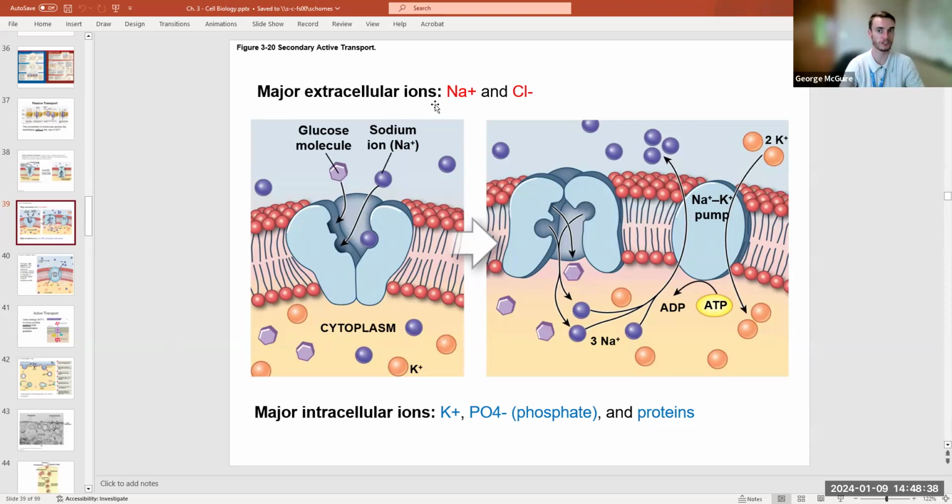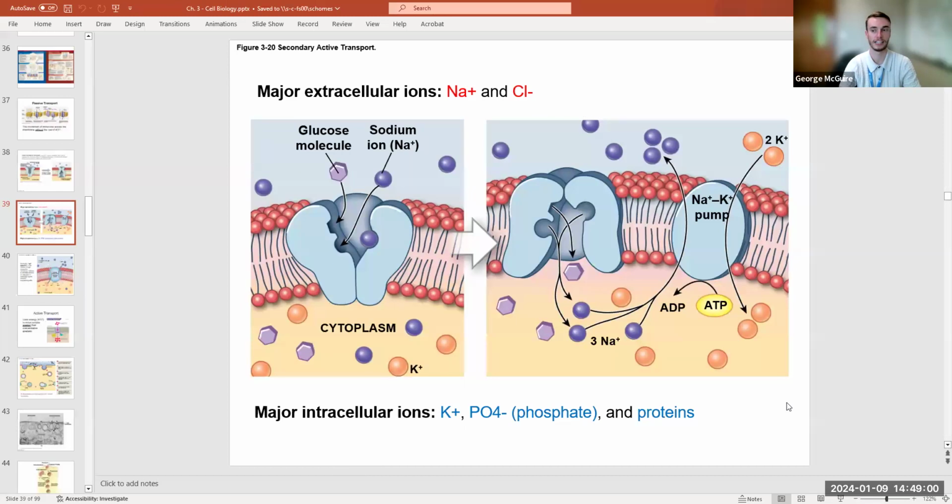And so the major extracellular ions, which would be in high concentration outside of the cell, are sodium and chlorine. Sodium has given away an electron to chlorine in its ionic bond, right? So it's a positively charged cation. Chlorine is a negatively charged anion. Those are in high concentrations outside of our cells.